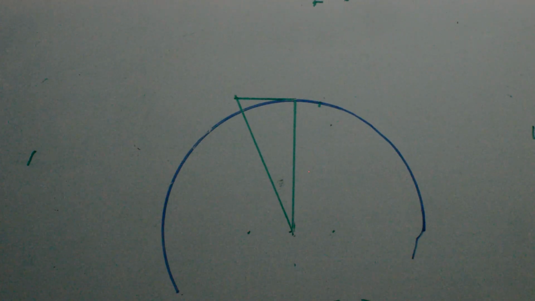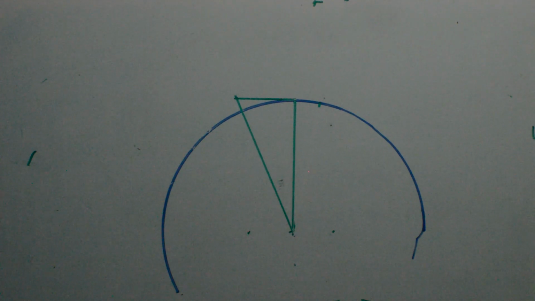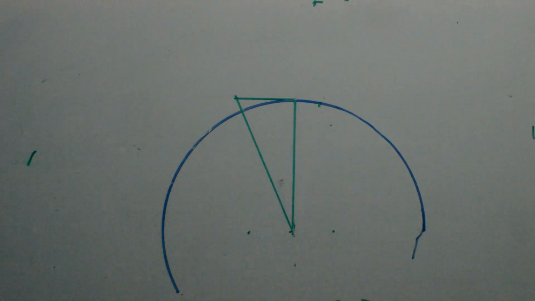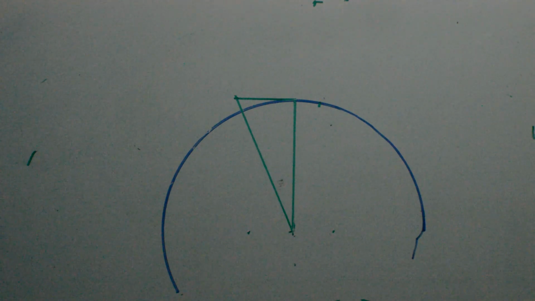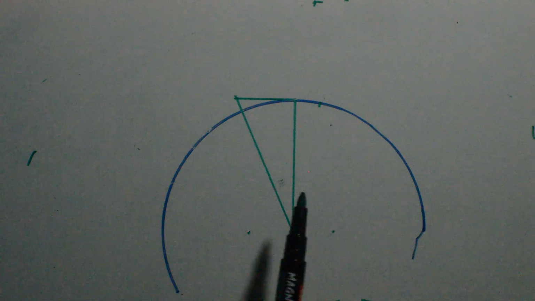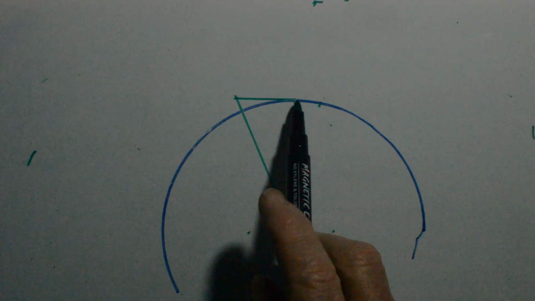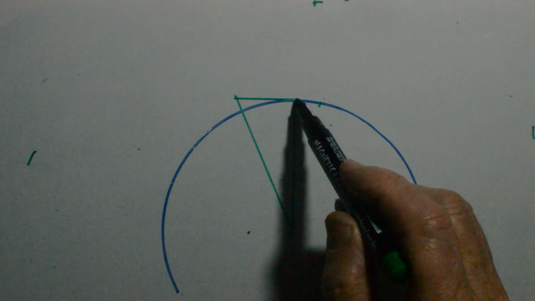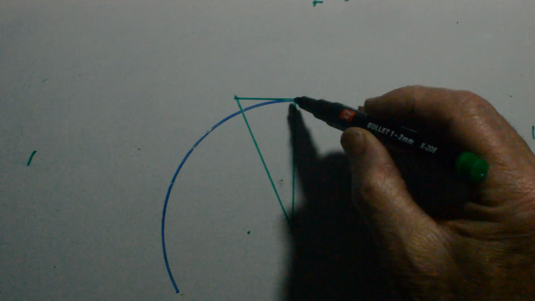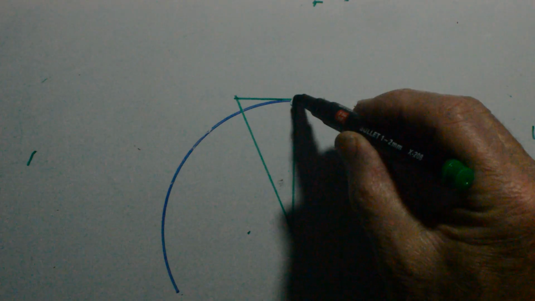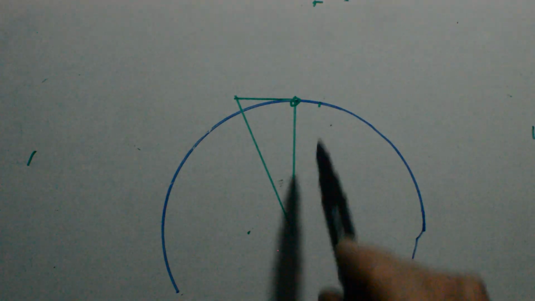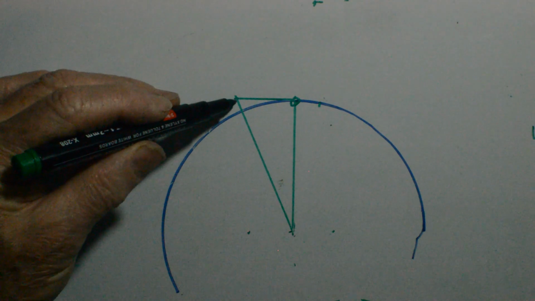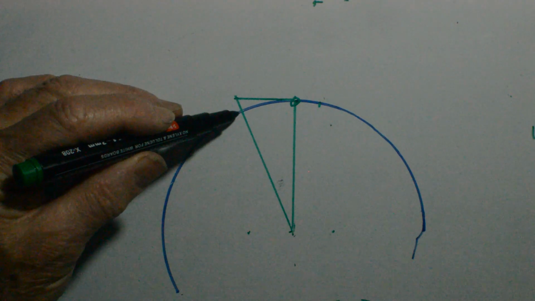So here we have a circle with a rod or a string and a weight out here. And what we want to do, if we're rotating around this circle, we're constantly pulling the weight, which would be right here, constantly pulling it back. And the amount we're pulling it is this amount right here.